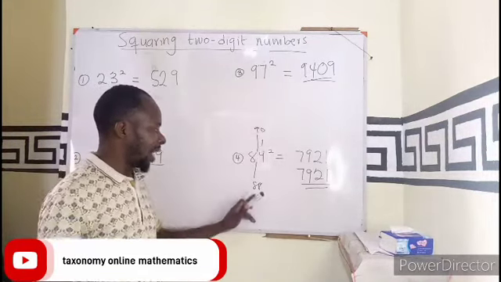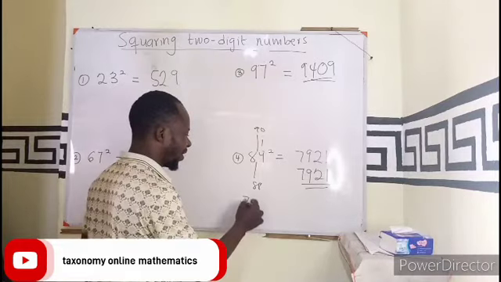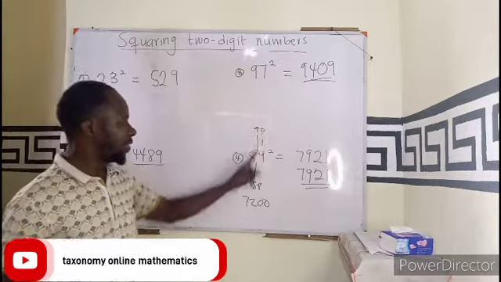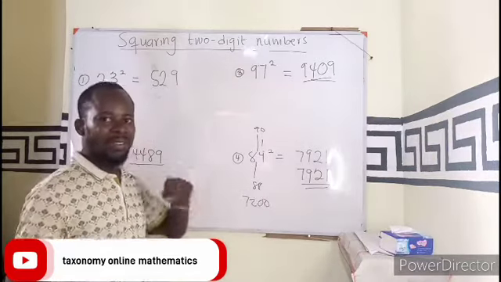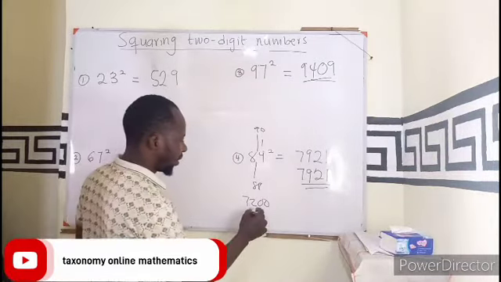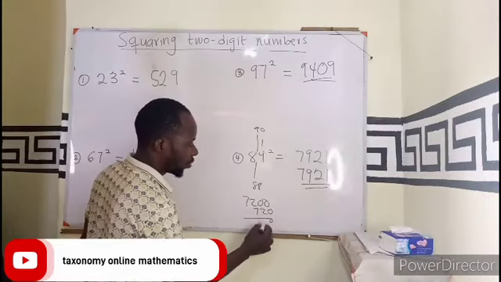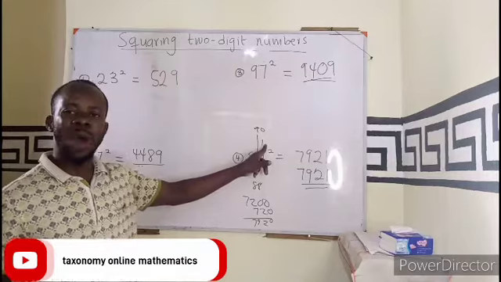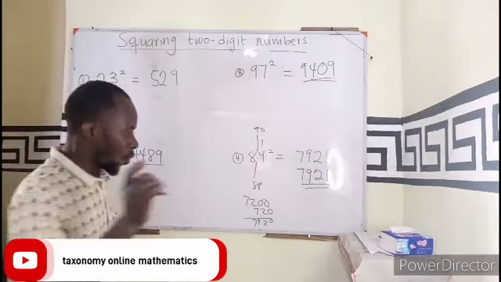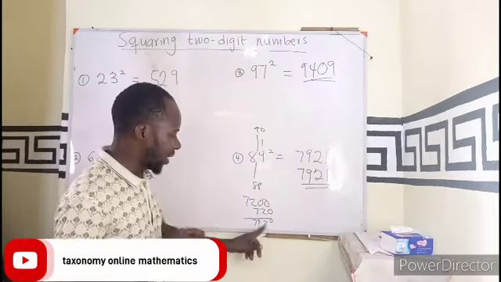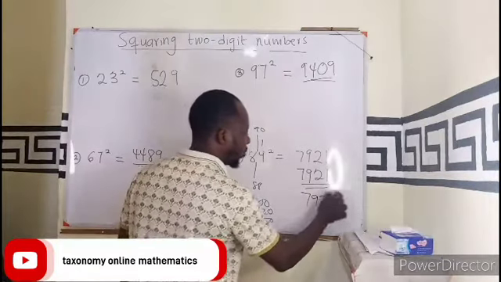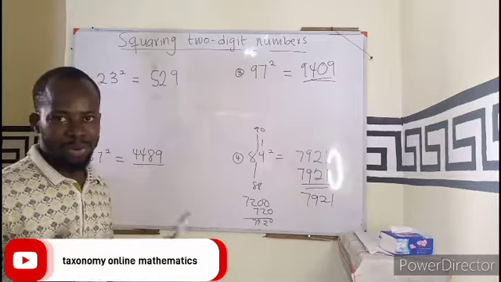So 90 times 80 will give me 72 times 10 tens, so 2 zeros. 90 times 8, that is 72 times 10. So 720. So 7,920. Now the square of 1 is still 1. So 1 plus 7,920, it becomes 7,921. Pretty simple, right?